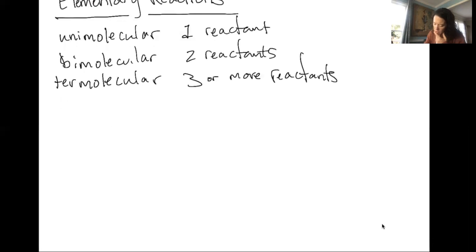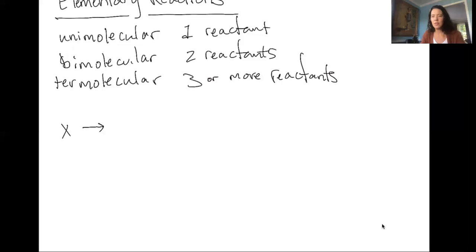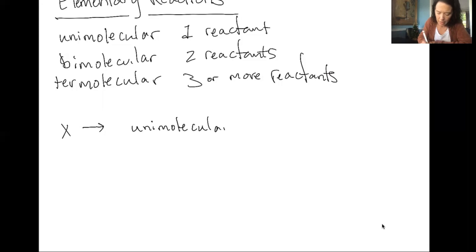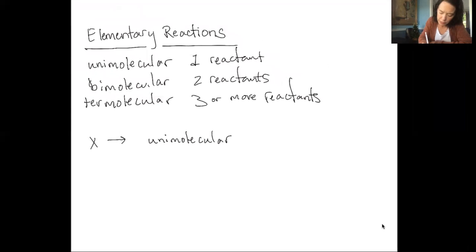All right, let's look at an example. Let's say that I have X. I'm not even going to worry about what the products are because it doesn't matter. This is going to be all in terms of my reactants, okay? And if I look at this, I see that it's unimolecular, and for an elementary reaction, we can write a rate law from it.